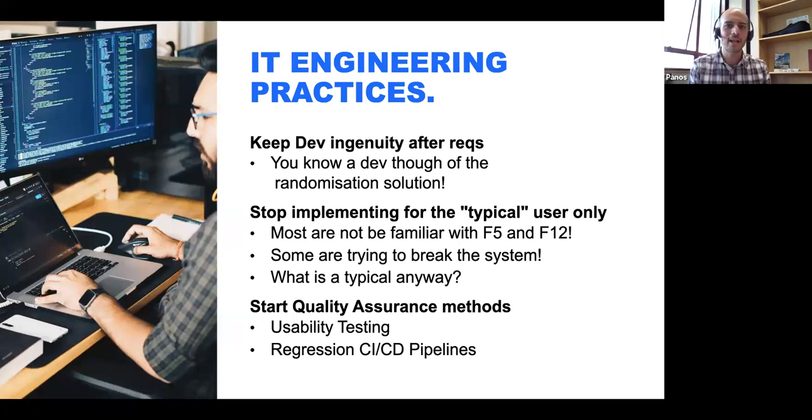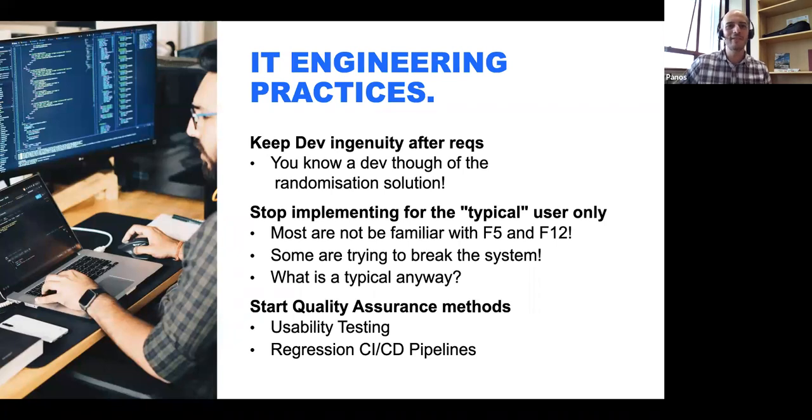So, what are the IT engineering practices that we should be considering to keep, stop, and start, which is the main outcome that we're hoping for out of this webinar. We thought it's really important to keep the development ingenuity after the requirements are set.